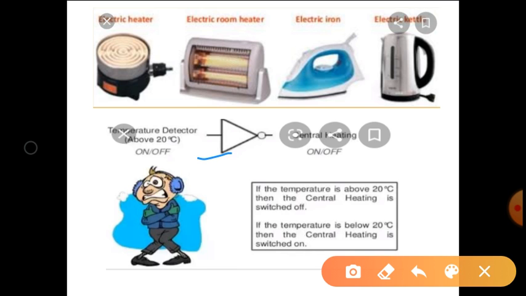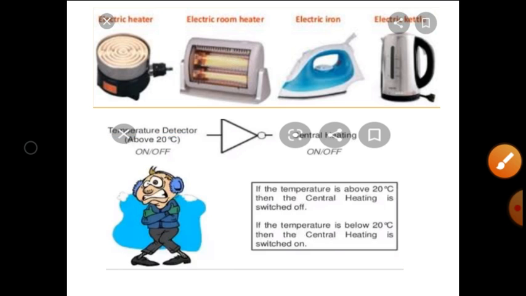The NOT gate is used as a temperature detector. If the temperature of the heating element becomes more than 20 degrees Celsius or the set value, the heating element should be switched off. It is done by this NOT gate. If the temperature of the heating element is less than 20 degrees Celsius, then the heating element should be switched on. So this is one type of practical application.